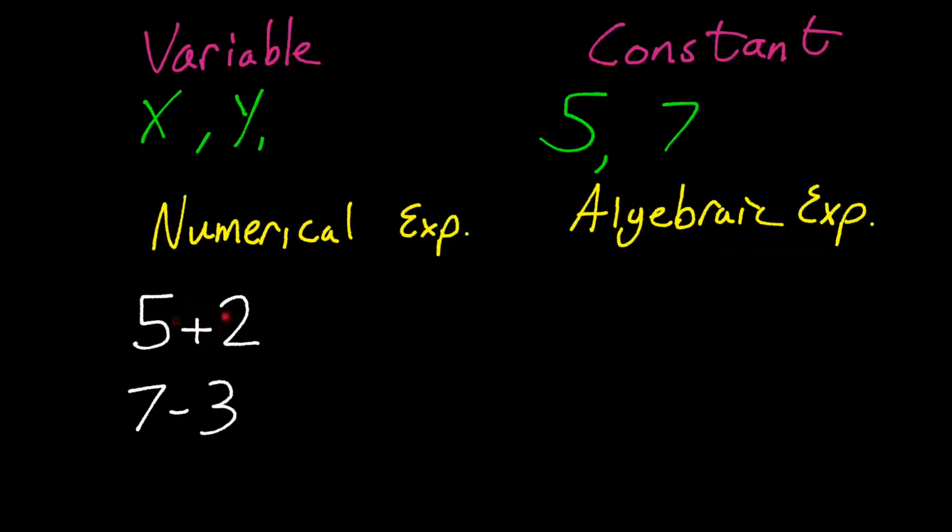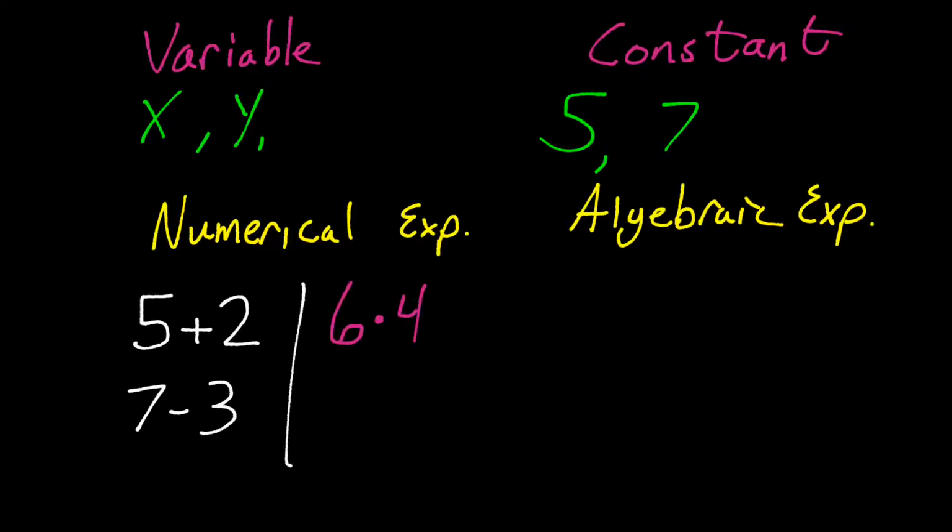Operation being addition and subtraction here. It could also be multiplication, so you could have 6 times 4. That would be a numerical expression because you are using constants and an operation.